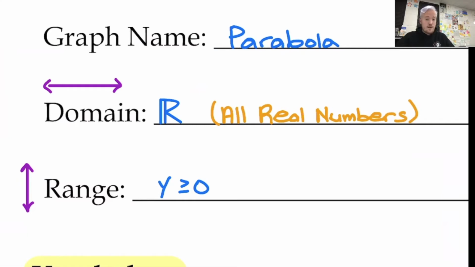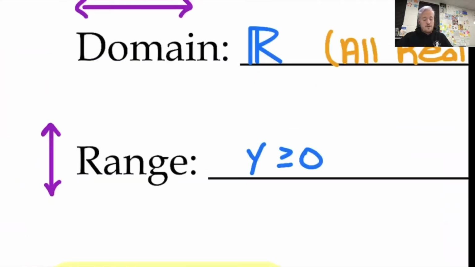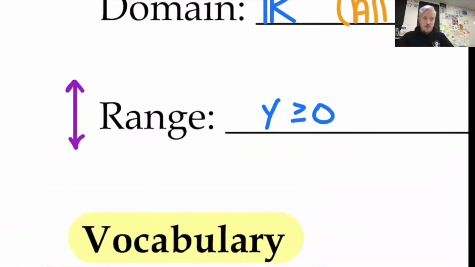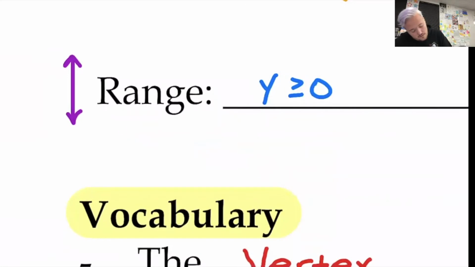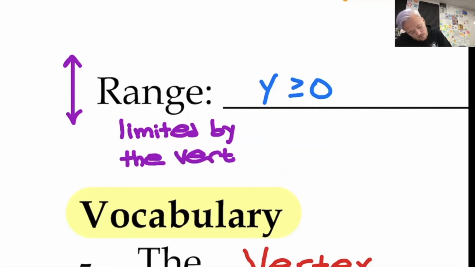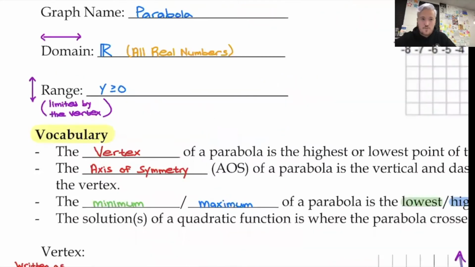Now for the range, keep in mind the range is going to have a restriction on it. The range is always going to be limited by the vertex, which we will talk about in a little bit.